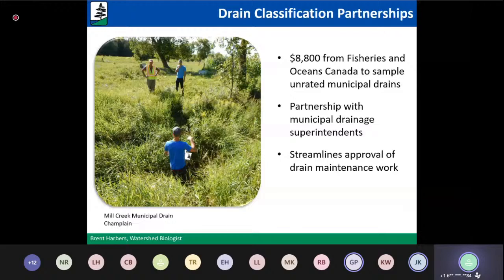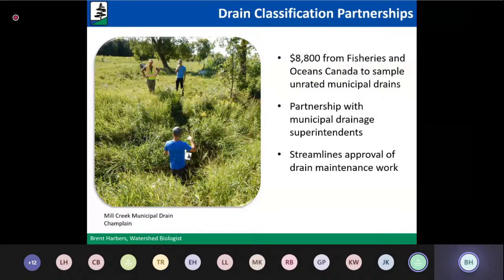Good morning, everybody. My name is Brent Harbers. I work as a biologist at South Nation Conservation. So an update on some work we did this summer. Our municipal drains in our province are rated based on flows and the fish within those drains, and that allows them to be awarded a classification so that they are then managed and maintained properly so as not to impact fish and fish habitat.